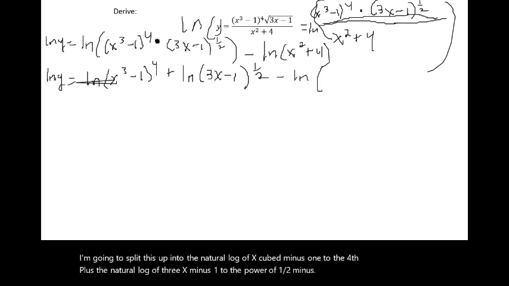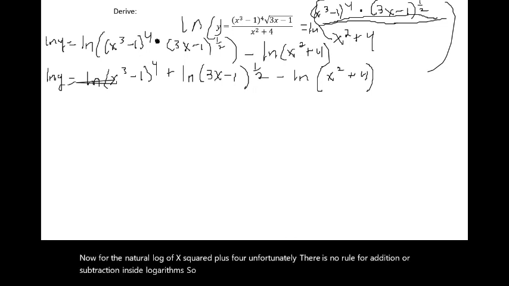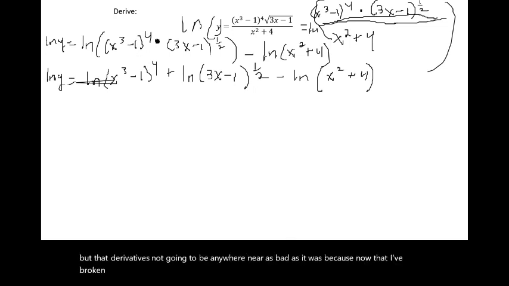Now for the natural log of x squared plus 4, unfortunately there is no rule for addition or subtraction inside logarithms, so you're kind of stuck with the natural log of x squared plus 4. But that derivative is not going to be anywhere near as bad as it was, because now that I've broken this up, you no longer have to use quotient rule and you no longer have to use product rule.